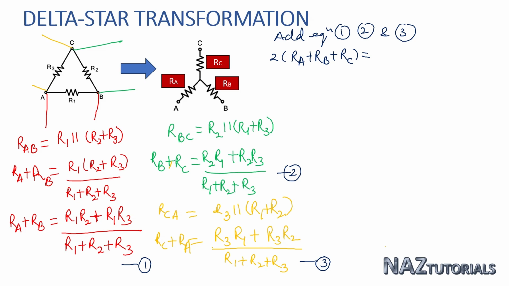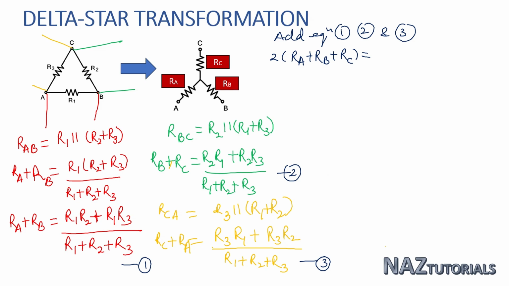If you see the right side of these equations, R1 plus R2 plus R3 is taken as the LCM, and the numerator, that is R1 R2, R1 R3, R2 R1, R2 R3, R3 R1 and R3 R2, is 2 times R1 R2, 2 times R1 R3 and 2 times R2 R3.